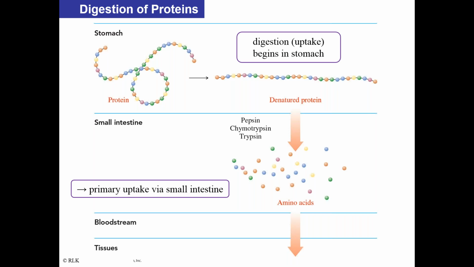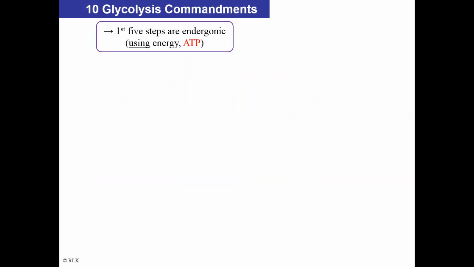Okay, so digestion of proteins, again, not really in the mouth, but definitely in the stomach, okay? Uptake via small intestine. And that is what we're doing there. So we now have the background to start talking about glycolysis and what I call the 10 glycolysis commandments. All right, and the first 5 steps are all going to be endergonic, meaning they're going to use energy.